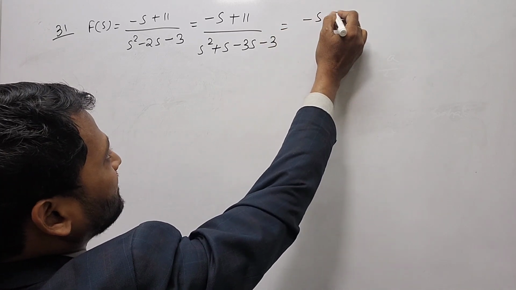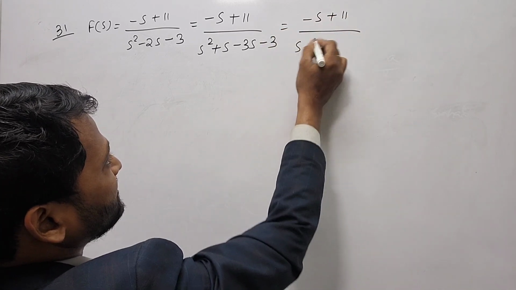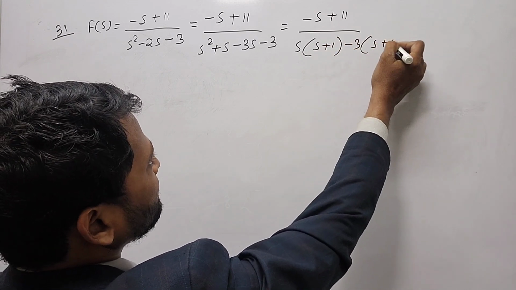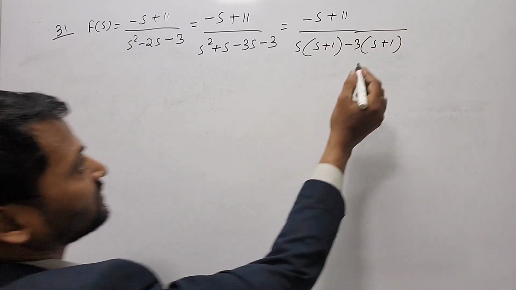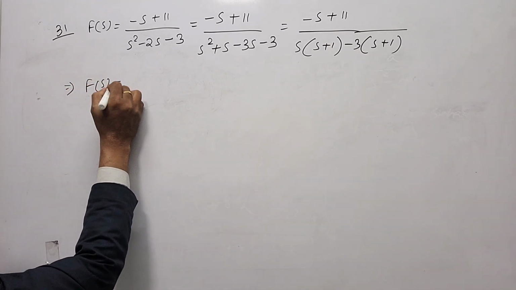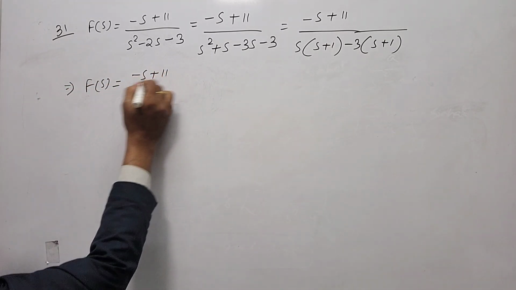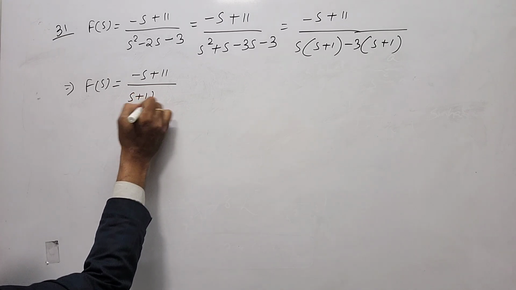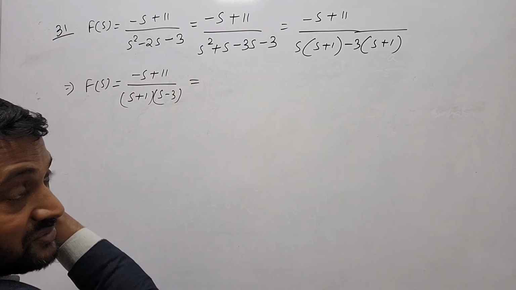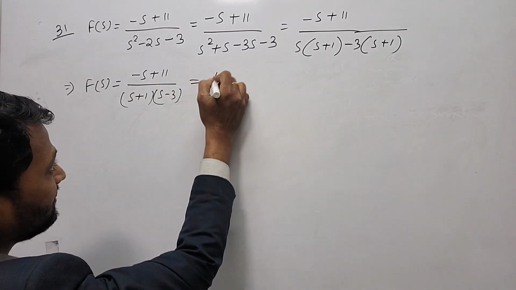So I can write minus s plus 11 by s as common, so it is s plus 1, minus 3 as common, again it is s plus 1. So I can write here your F(s) is equal to minus s plus 11 by s plus 1 into s minus 3. So using partial fractions you simplify it.